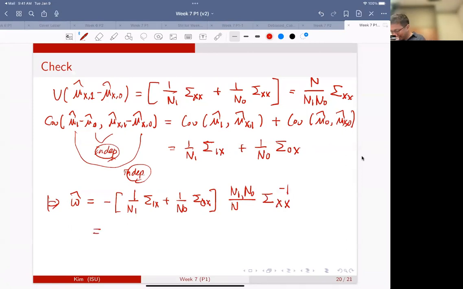So that's basically n over n0 b1 minus n over n1 b0. B1 is sigma 1x prime.